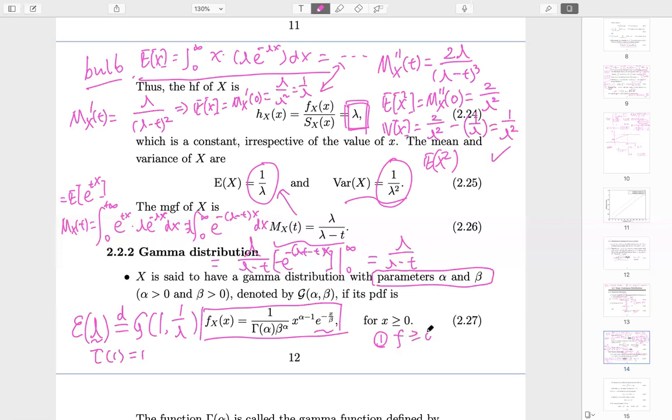It has to be non-negative, and the integral from negative infinity to positive infinity should be 1. In our case, we consider non-negative, so the integral should go from 0 to infinity. In general, it should start from negative infinity. So those two are the basic properties we need. As long as those two are satisfied, you have yourself a PDF.